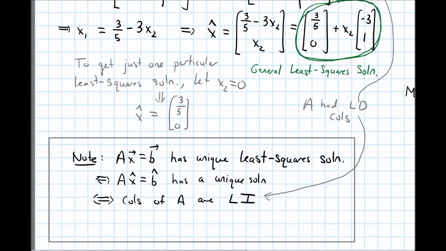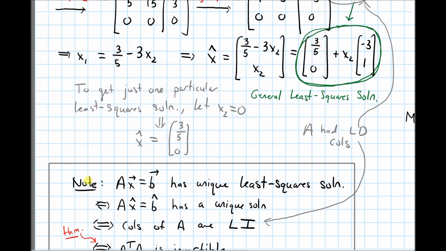And next, I want to state another equivalent condition to this. And this last equivalent condition is actually a theorem. There's a theorem that says the columns of a matrix A are linearly independent if and only if A transpose times A is invertible. So that statement is a theorem.